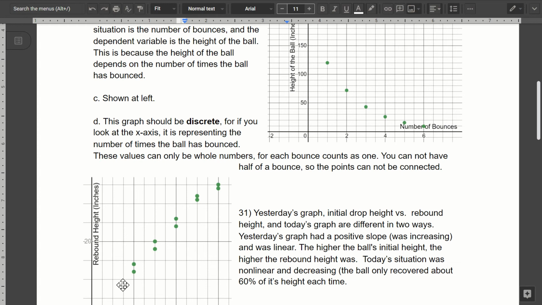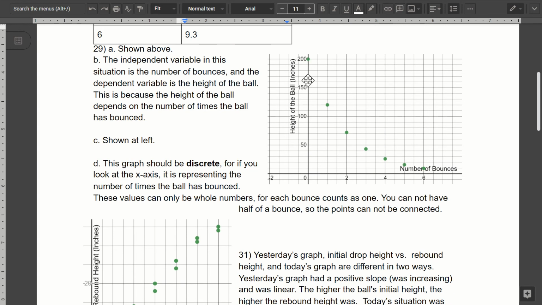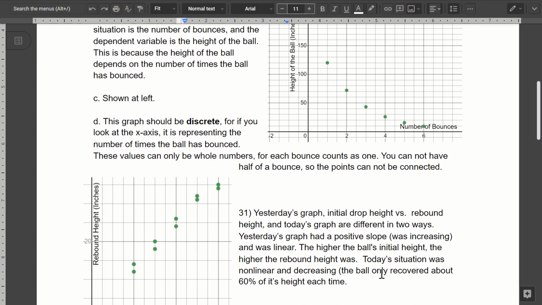Although this little bump right here makes me think maybe it could be a curve, I think if we had more data, this graph, especially compared to this one, appears to be linear, and it is increasing. The higher the ball's initial height, the higher the rebound height was. Today's situation was nonlinear and decreasing. This is not a line, and it is decreasing over time.